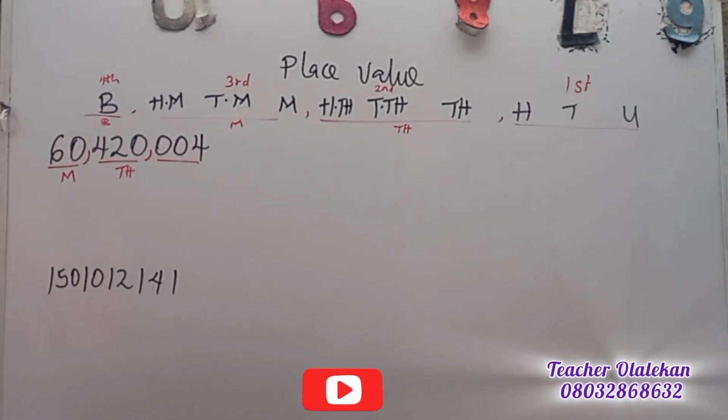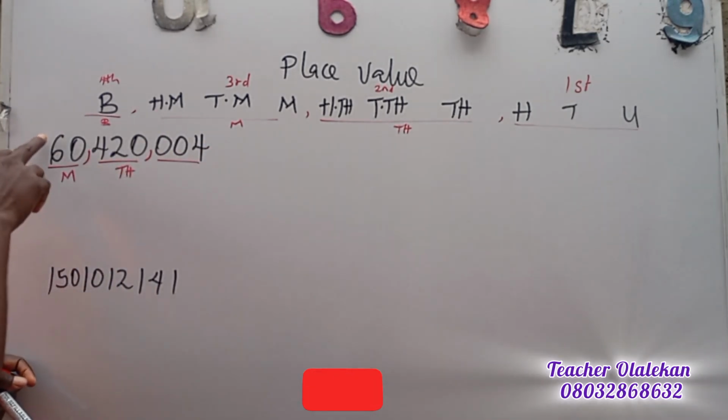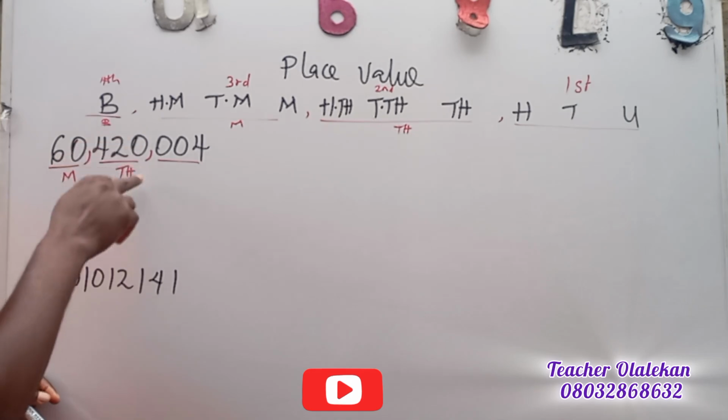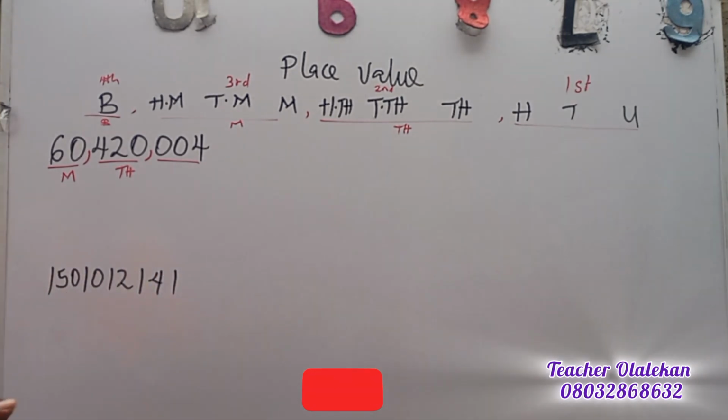So to write this in words, you start from the highest, which is this, and you read it to the lowest. So now let's get started. This is now 6 and 0, 60 million, 420,004. So 60,420,004. So that is easy.